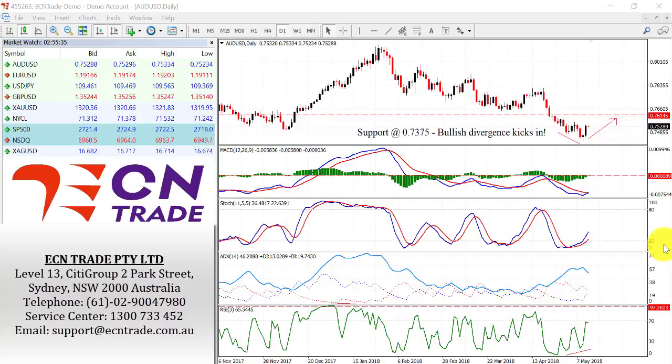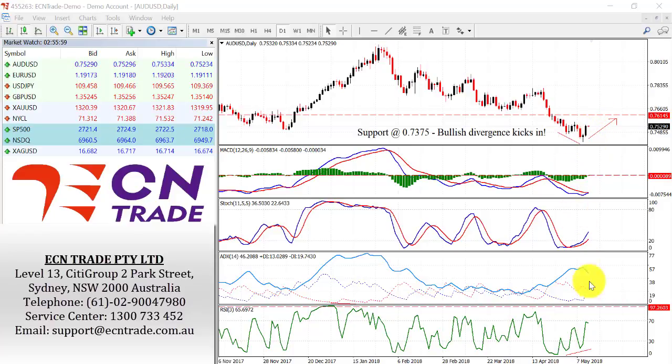Overnight, the Australian dollar mirrored the demand for spot gold. Being a commodity-based currency, the Australian dollar surged from the lows of 74.50 and rallied through 75 cents, and now looks towards the region of 75.50 as a minor target, or even up towards 76 cents, which is what I've been calling for the last couple of days.